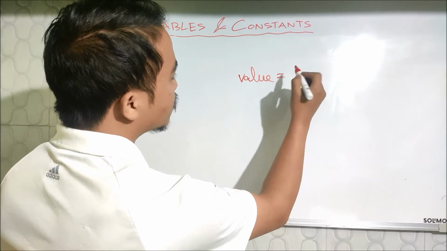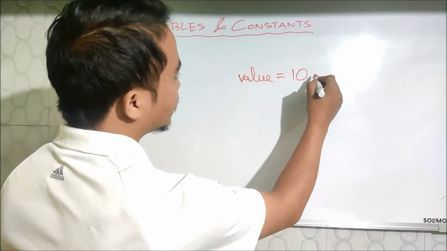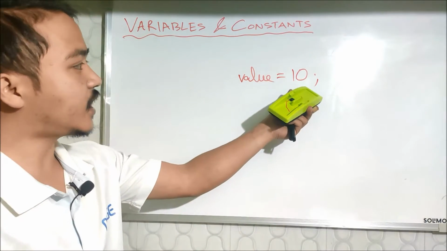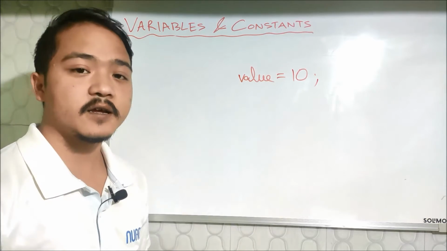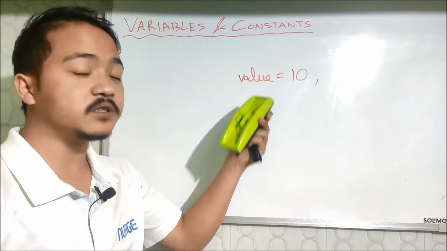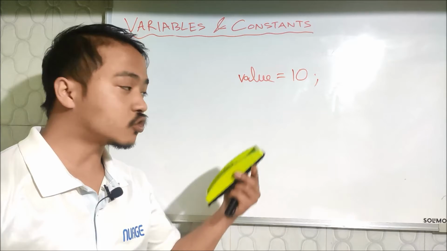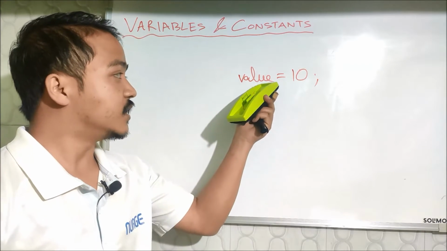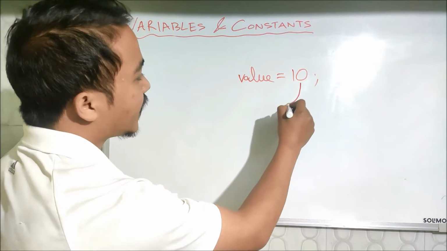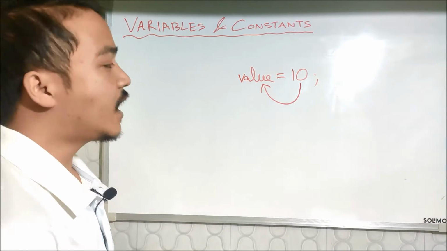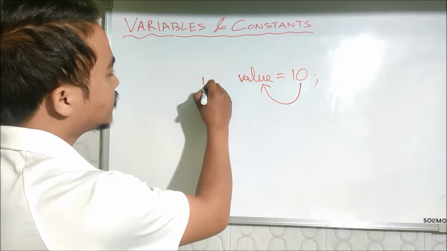Value is equal to 10. This is the data that you store in value. Value is a name of the storage location in memory. So you store 10 in value, and the type of data is int.